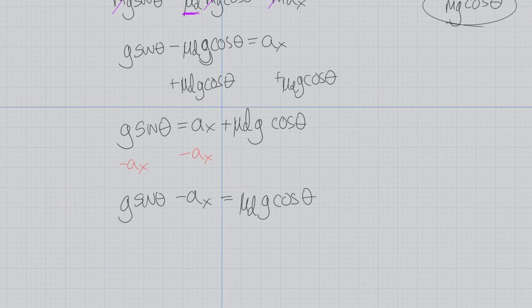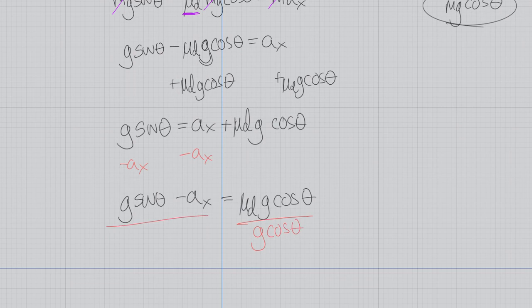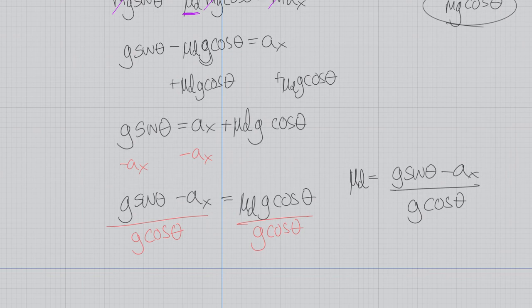So then the only thing that's left is I need to divide each side by g cosine theta. So I get my coefficient of dynamic friction is going to equal g sine theta minus acceleration in the x, divided by g cosine theta. I'm going to plug my values into my calculator.